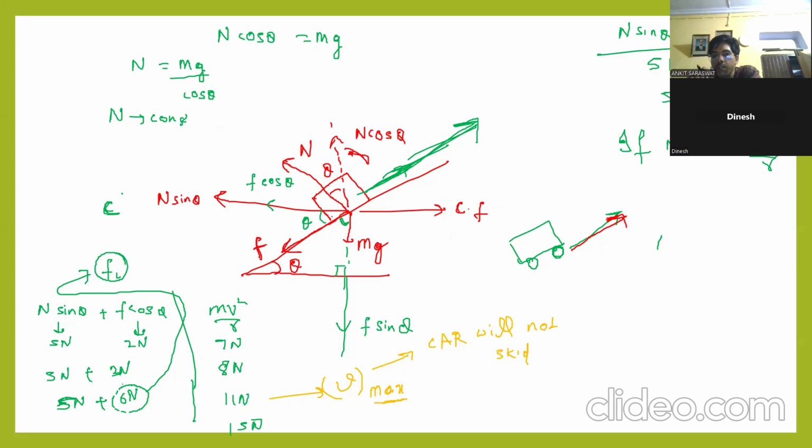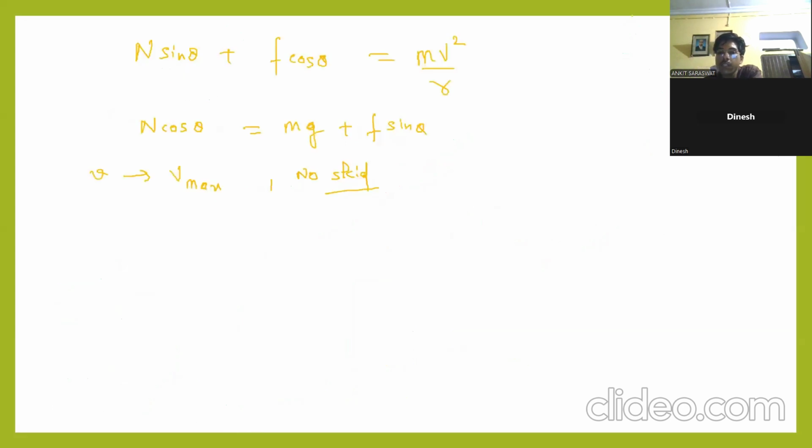That is my question. In the previous case, the normal component is balancing. In this case, friction and normal both are balancing. In the previous case, I do not consider friction. Here I am considering friction also. Because my question is, even if you are going more than under root rg tan theta, your car should not skid.